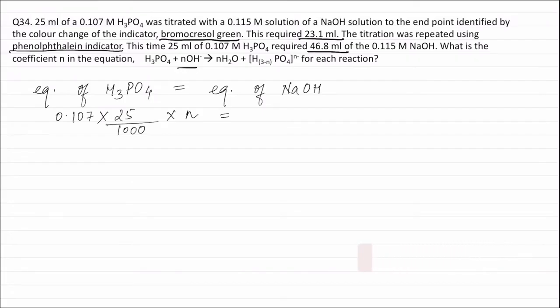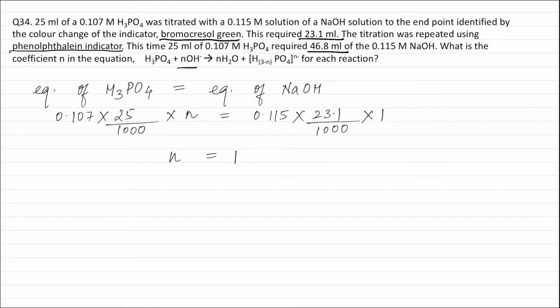Equivalents of NaOH will be equal to molarity of NaOH, that is 0.115 M, into volume of NaOH in liters, that is 23.1 divided by 1000 liters, into valency factor of NaOH, that is 1. Solving this equation, the value of n is equal to 1. Therefore, when bromocresol green is used as indicator, the value of n is equal to 1.